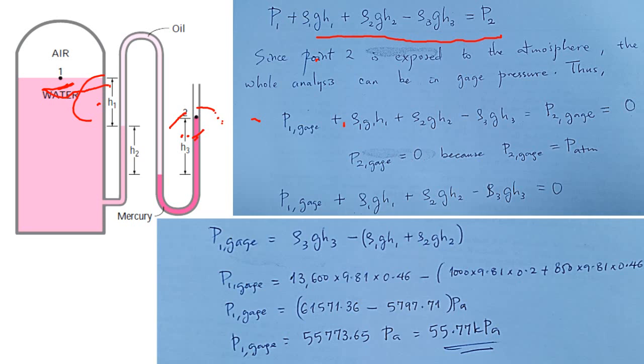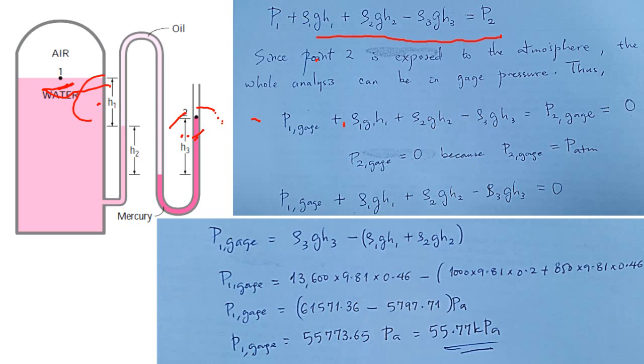So you have pressure 1, that is the pressure at point 1, and as you go to the next level, that will be a pressure increase of a value rho gh. So since we are going downwards, we have P1 plus rho 1 gh1.